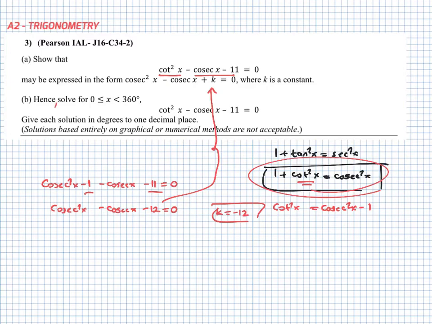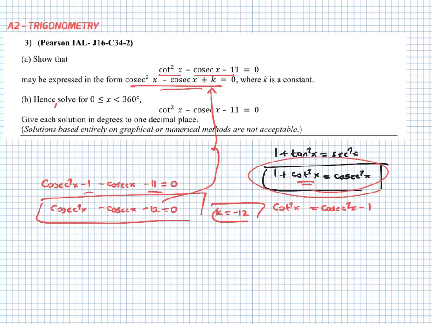In the second part, we have a question that starts with "hence", which means we are going to utilize the expression we have just got. I have a quadratic expression here. If I factorize and solve it, I will get the relevant answer.